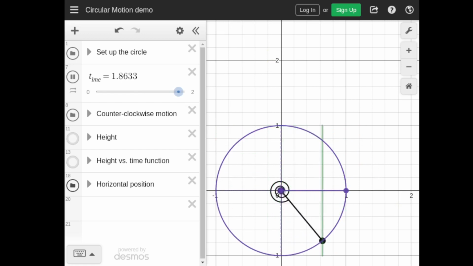We can break down and analyze the horizontal motion around a circle in the exact same way, which is something that you could play around with after you watch this video.